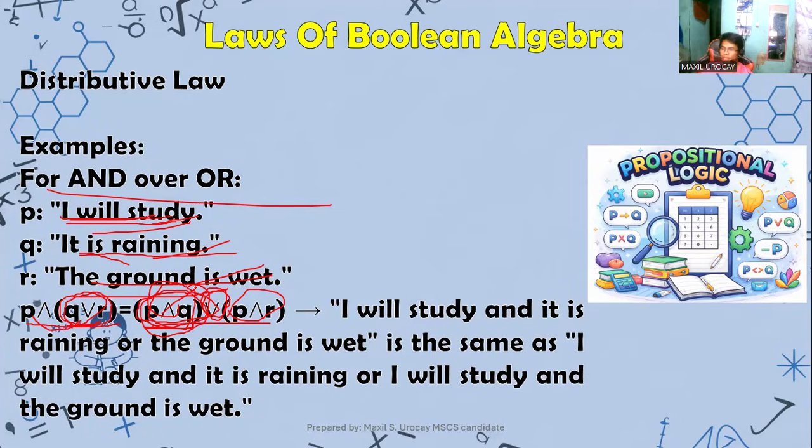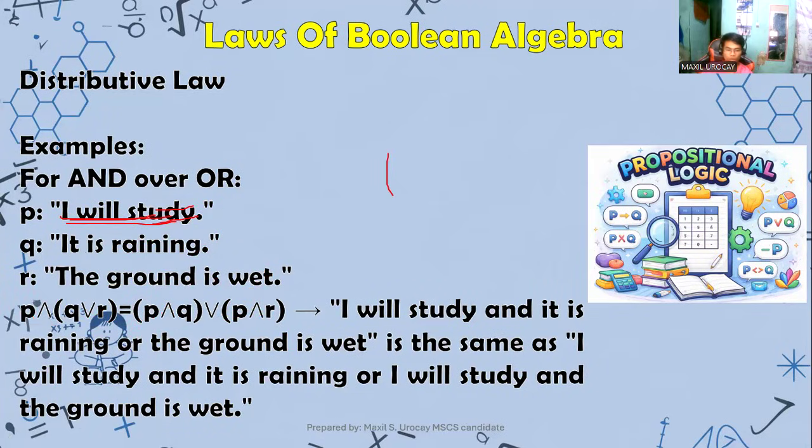So earlier, I will study and it is raining. Then I will study and the ground is wet. So therefore, I will study is actually double. What is going to happen? It will become, I will study and the ground is wet, with an or in between. So I will study and it is raining or the ground is wet. This is not... Let me correct that one.